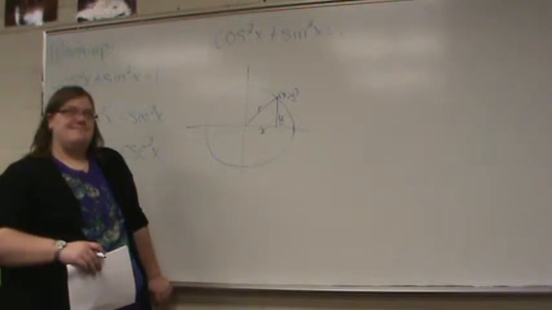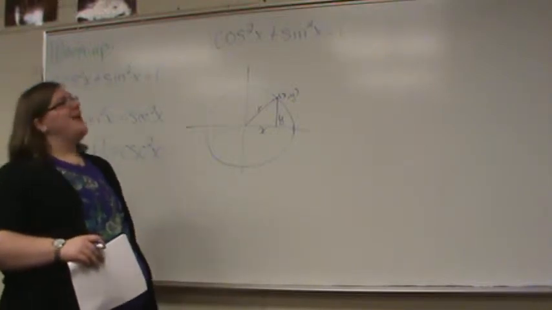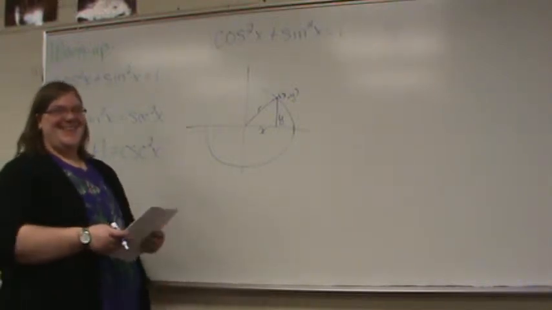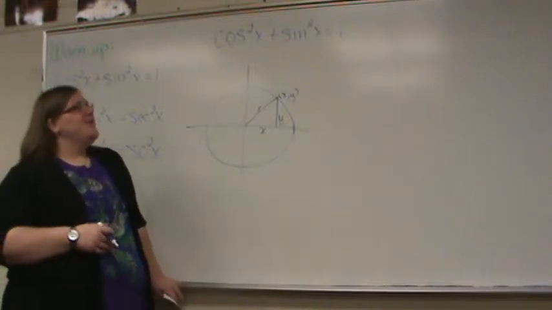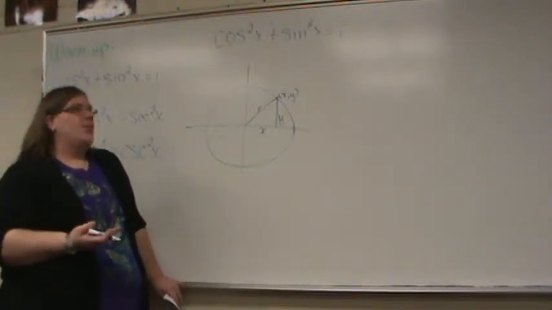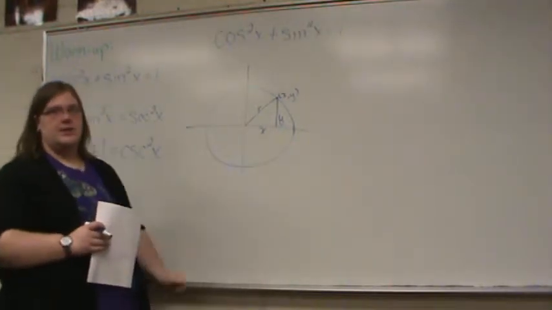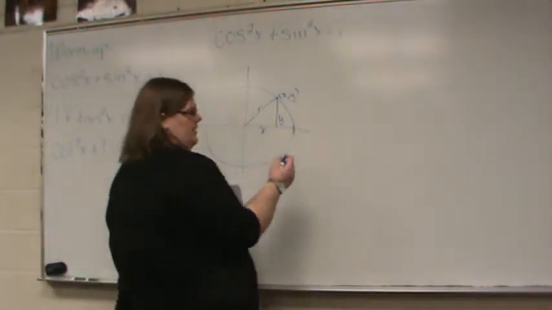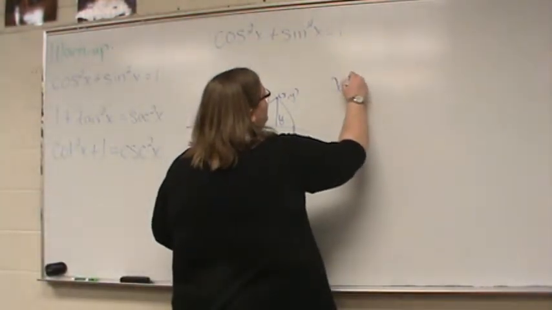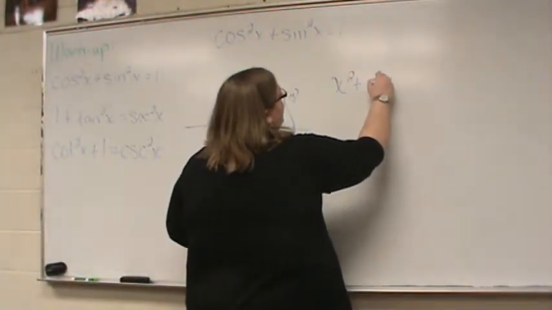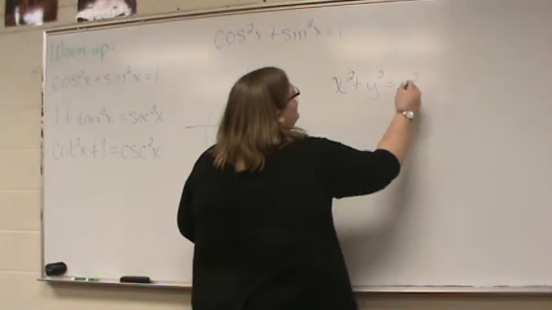So how do we write the Pythagorean theorem for this triangle? X squared plus Y squared equals R squared.